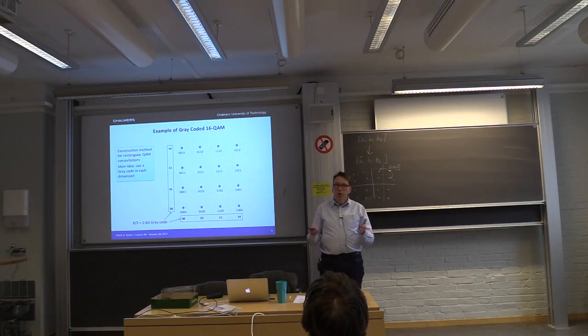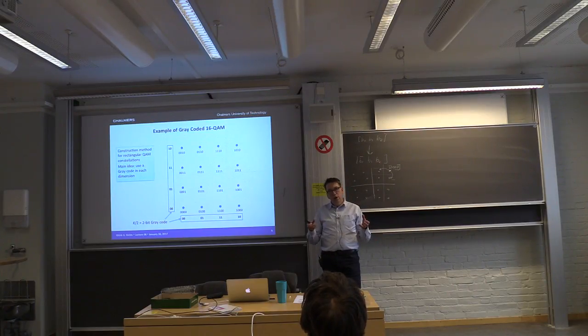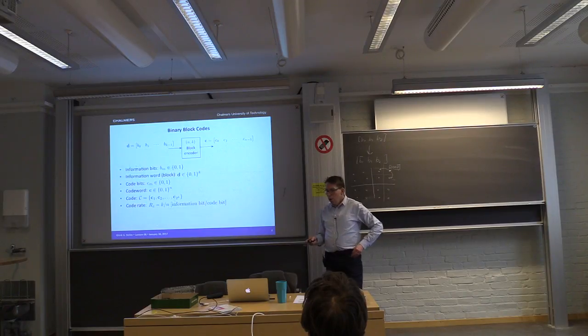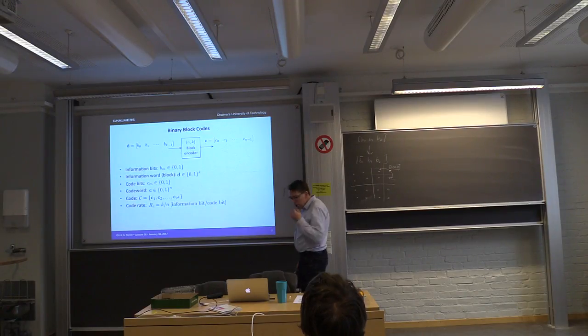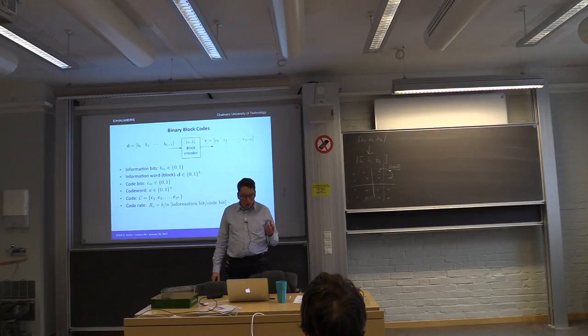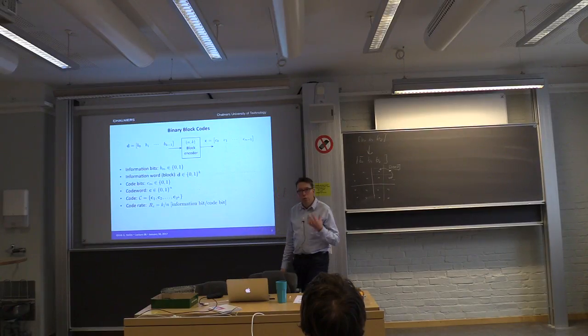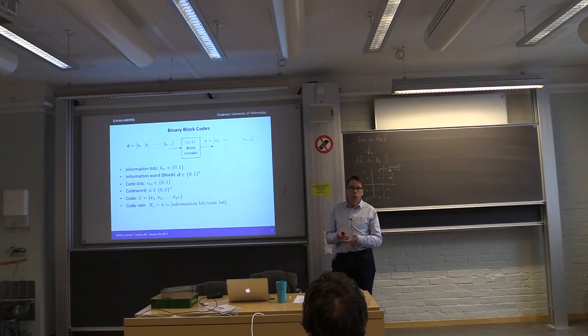Okay, so if we think of this as a layering structure here, the receiver gets some bits and it inspects that, and if the receiver thinks it's bad, then it asks the transmitter to send the bits again. Okay, and this is done primarily through something called error detecting codes, which is a special case of codes.